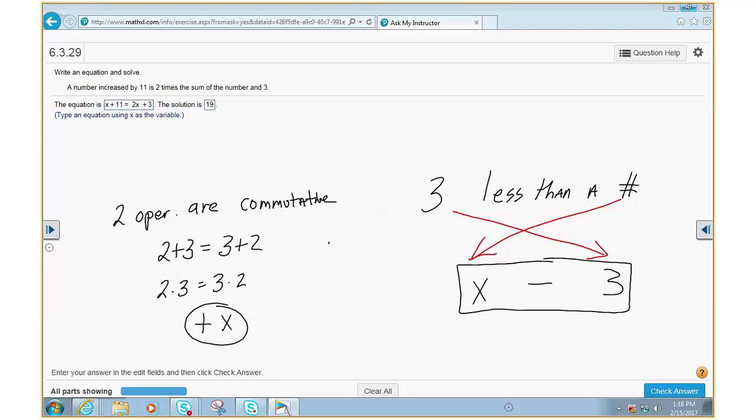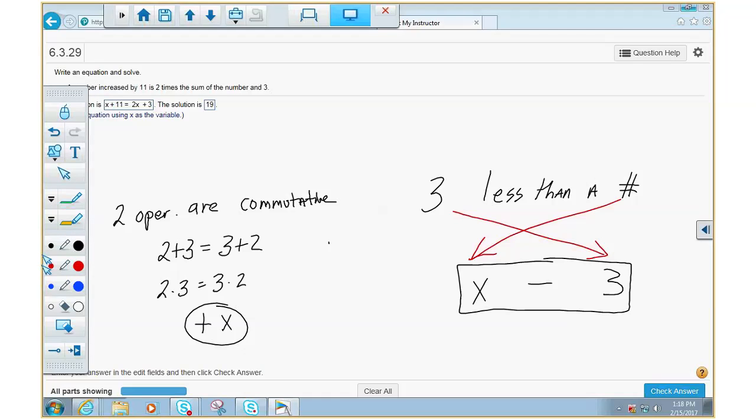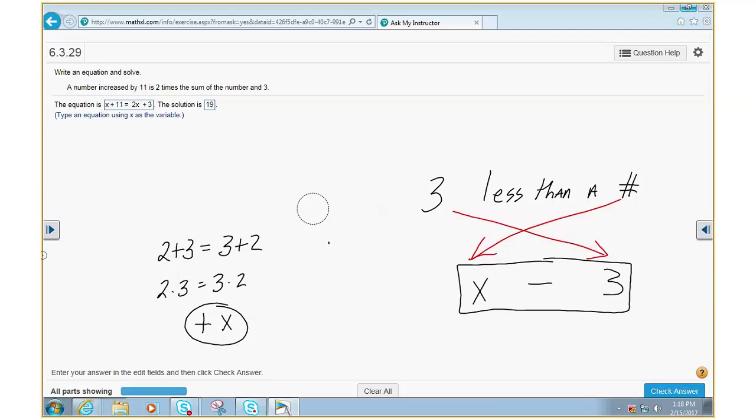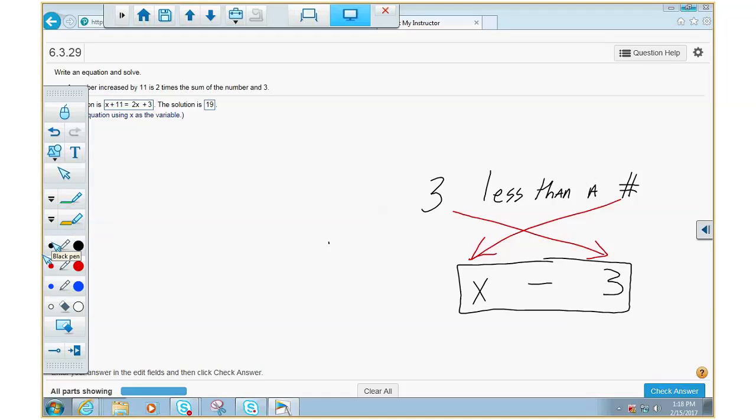A number is increased by 11 and is 2 times the sum of the number and 3. Okay? So, go ahead and write that sentence down, and we're going to work with it and see if we can come out with some kind of mathematical algebraic sentence. All right. It says a number.